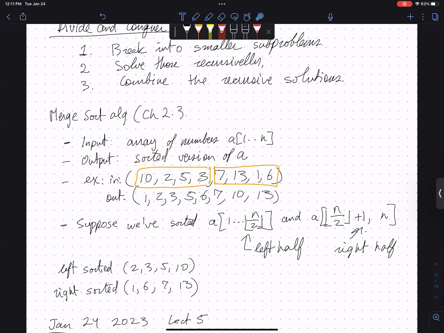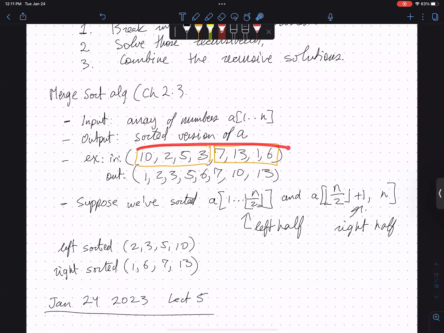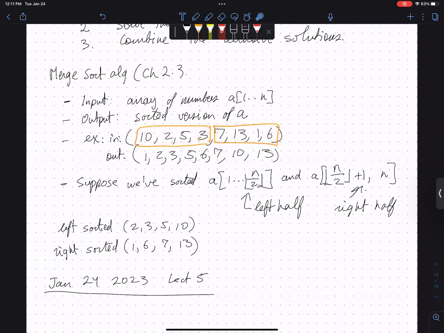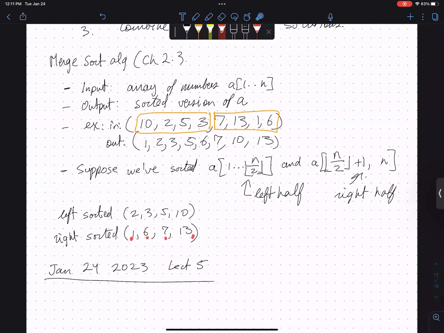The idea is if you have your input, we divide it into two parts, and we sort recursively, making a recursive call to merge sort on each of the parts separately. So when we sort this left half, we get 2, 3, 5, 10. And when we sort the right half, we get 1, 6, 7, 13.